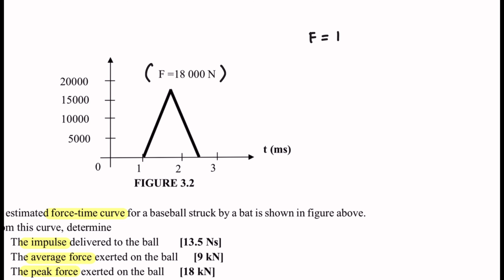Force equals 18,000 Newton, and for the time taken, this figure did not start from 0, so we need to find the time difference. 2.5 minus 1.0, and then here you can see it is in milliseconds, so we need to change it to only seconds, right?